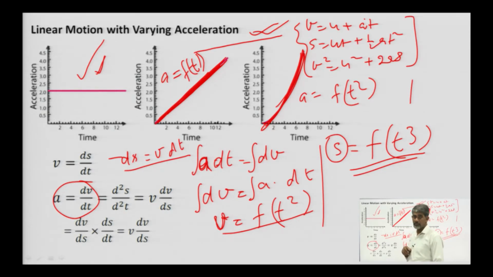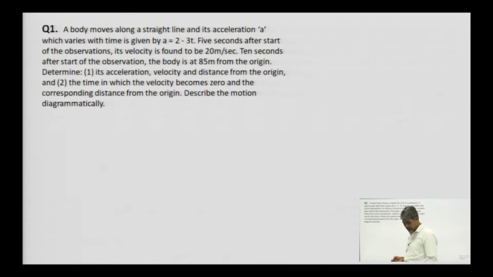We will not use the earlier equations. Acceleration is of order 1, velocity 2, displacement 3. If acceleration is of order 2, then velocity is 3, and so on.